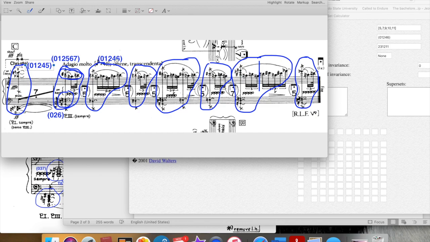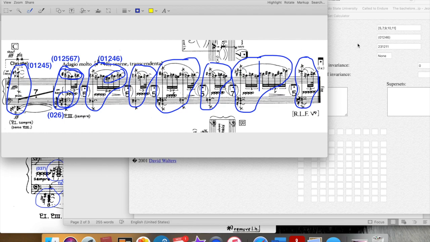If you look at just the set class name here, 0, 1, 2, 4, 6, you can tell that it has 0, 2, and 6 as a subset inside of it, meaning that this subset is also present within this set class. Here it is, for example, I think. So that's good to know. They do have some things in common, even though they're not completely related by set class.